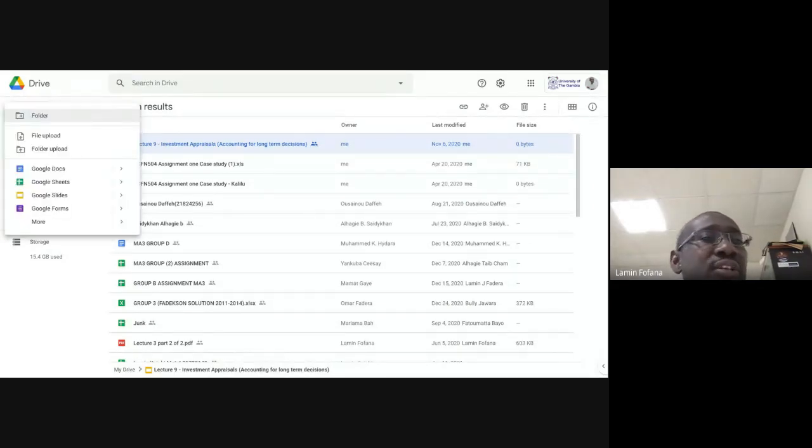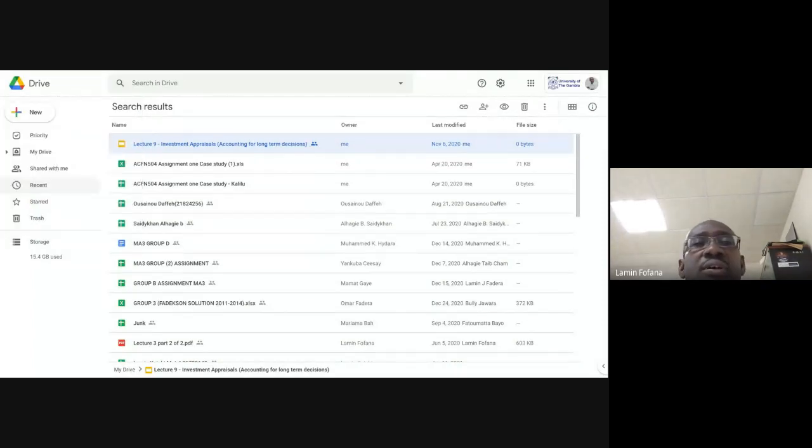I know all of you by now know how to open a new file, so we're just recapping. We just click on plus and then choose Google Sheet. That will give us our new spreadsheet file. Okay, so I'll stop this, then I'll project this one.